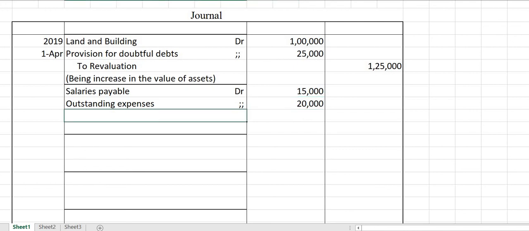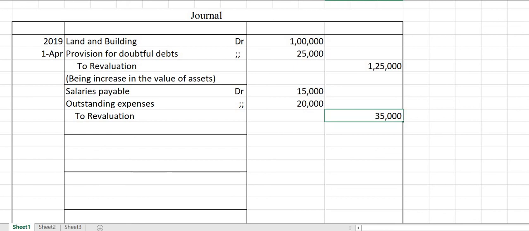To revaluation, 35,000 will be written. Then its narration being decrease in the value of liabilities.